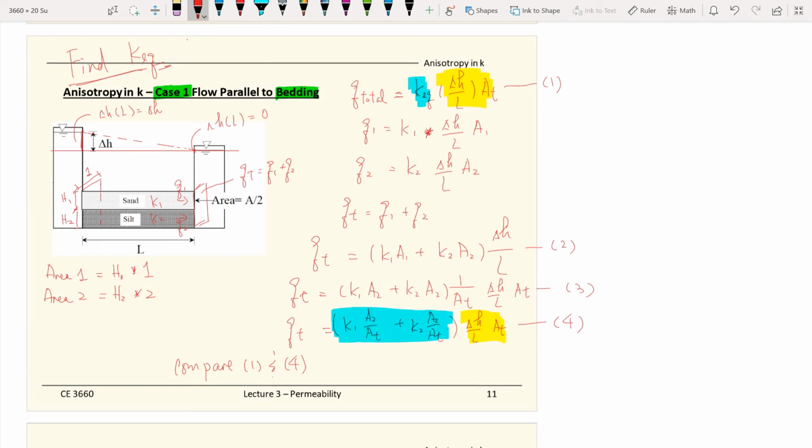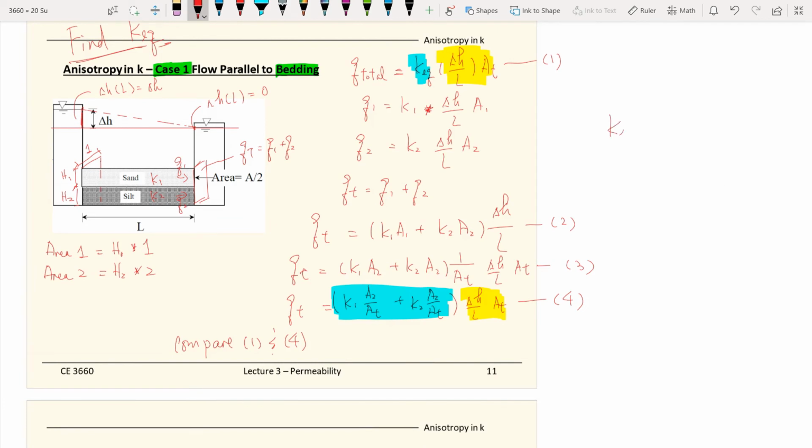So we achieve our goal, that the equivalent K is in fact equal to K1 times A1 divided by the total area, plus K2 times A2 divided by the total area. And if we factor out the total area, we have K1 A1 plus K2 A2.